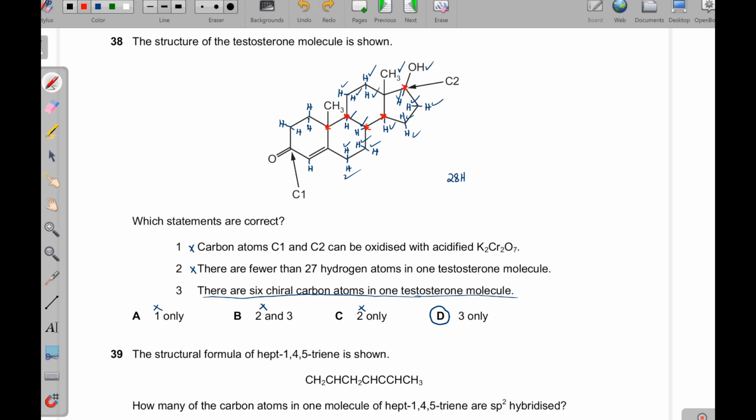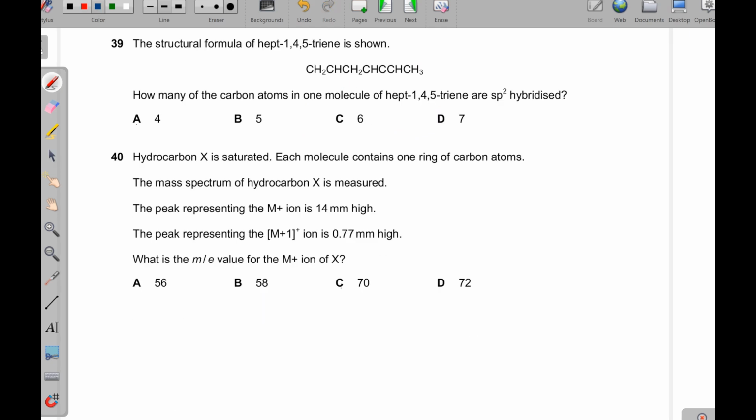So that is the 5th one, and then there is a 6th one here. Okay, this one is different from what is this way, and there. So there are indeed 6 chiral centers. So that's why it is only what? D. That is correct.